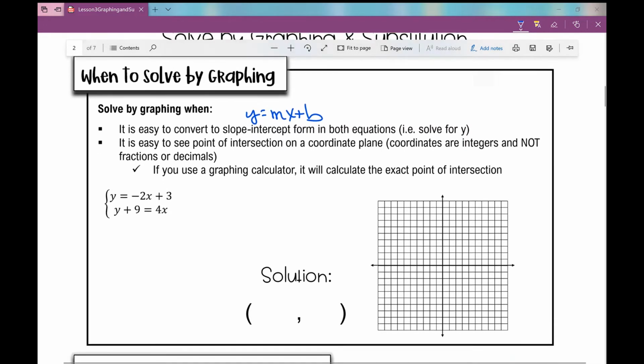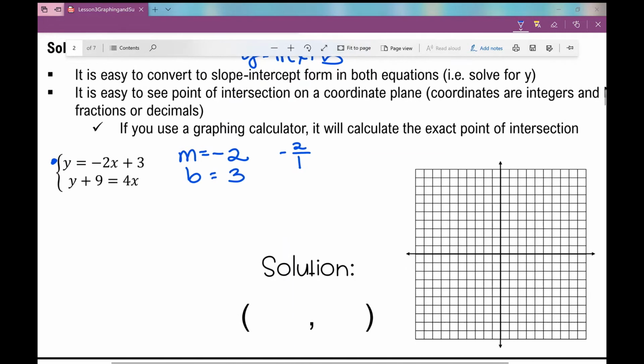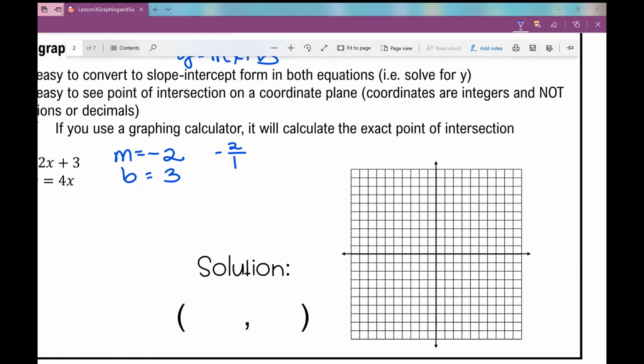So when we solve by graphing, we need to make sure y is solved for in both equations. So I've got y solved for in this equation. Let's go ahead and graph that. I have a slope of -2, or -2 over 1, if you want to write it like that, and I've got a y-intercept of +3. So when I'm graphing this line, what do I graph first?